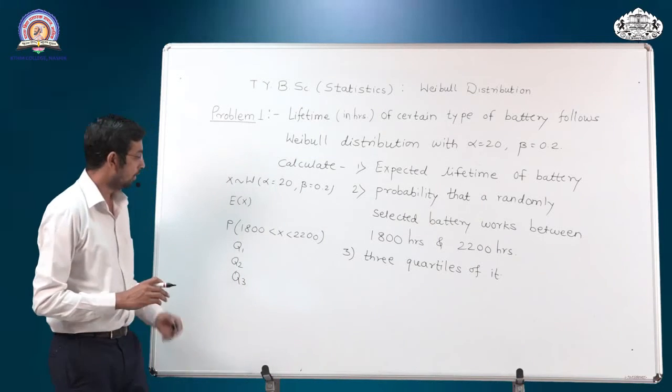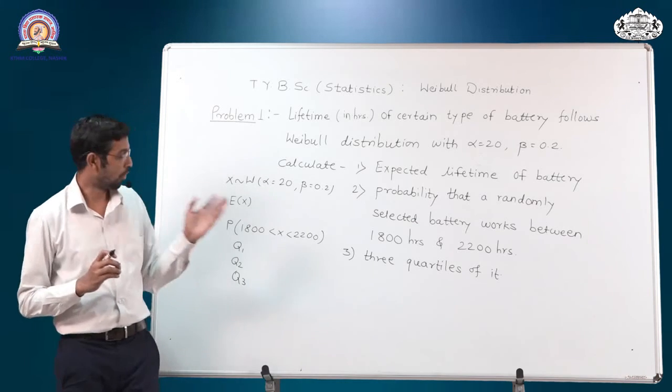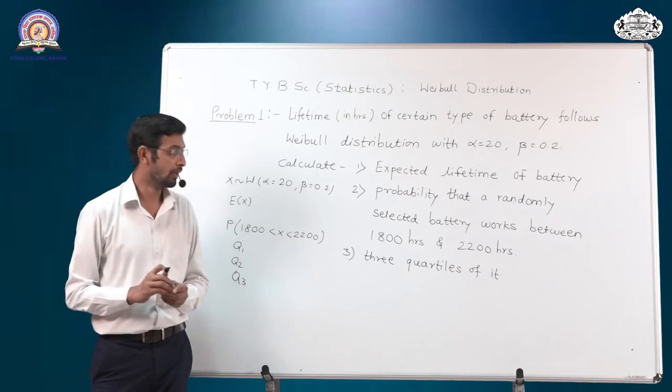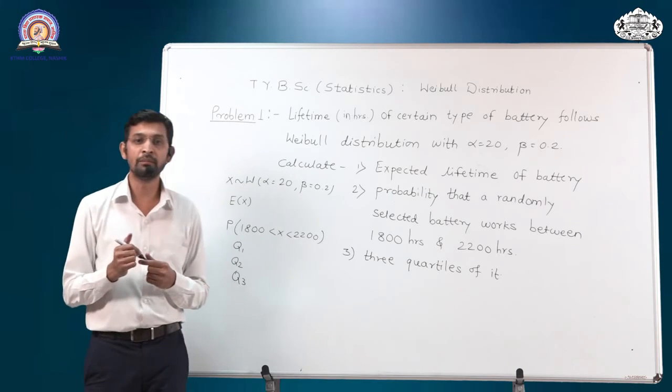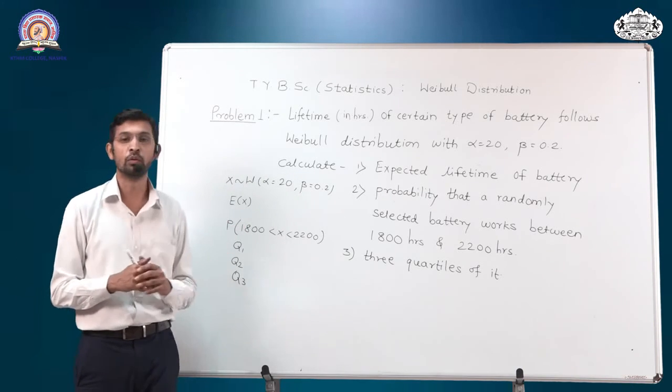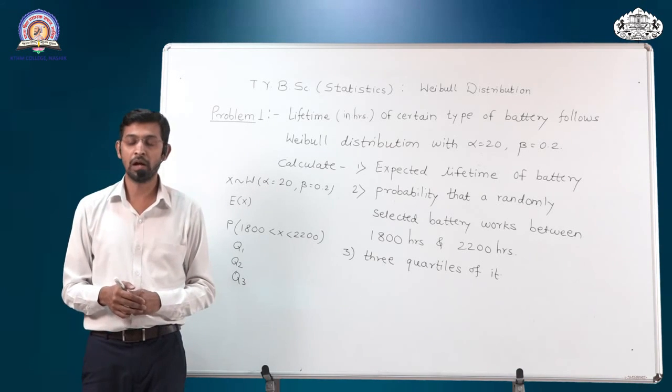All these quartiles have the formulae given in this lecture. So you have to solve this problem and send me these answers in the Google Classroom, whose code I have already sent you.